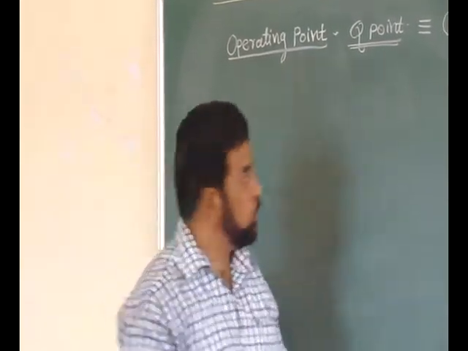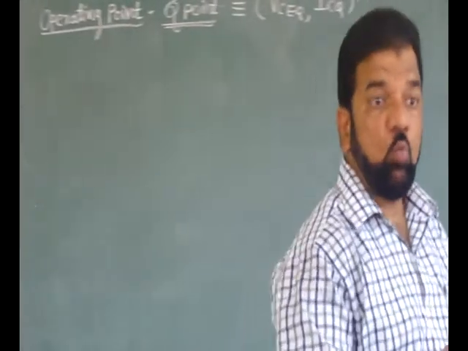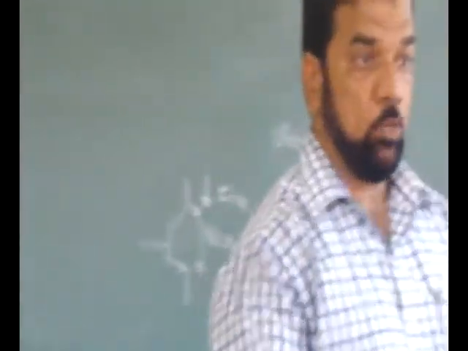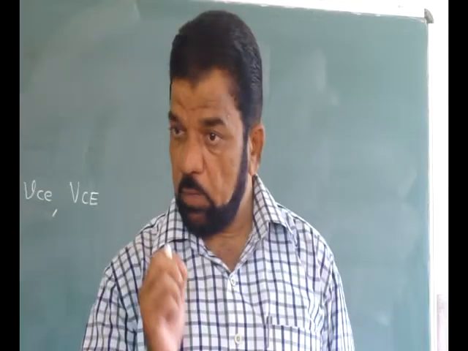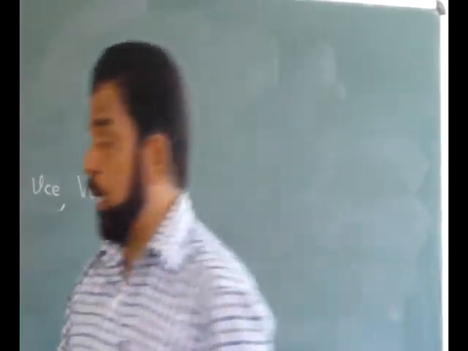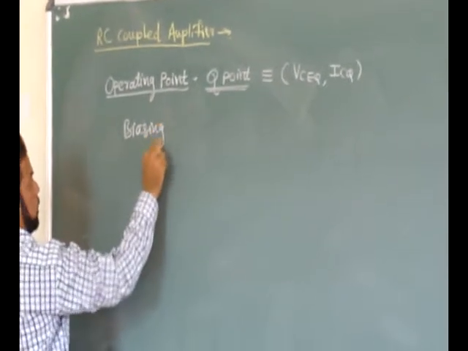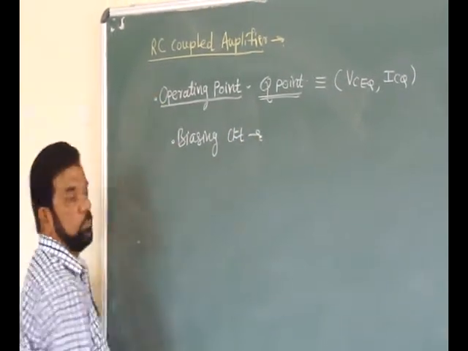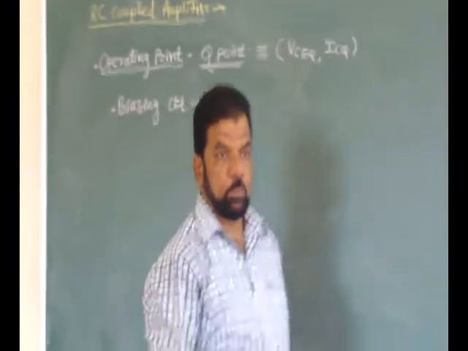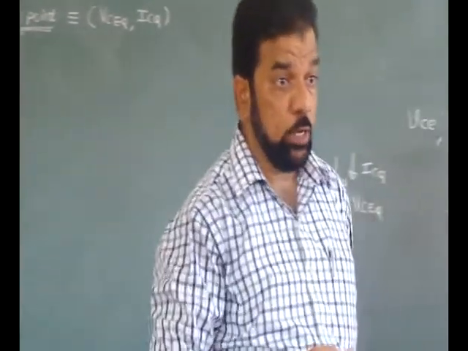The next question is, if I want these two values, which circuit is giving these two values? Your answer is the biasing circuit. That means if you bias the transistor properly, you will get the result. So what question have we raised?